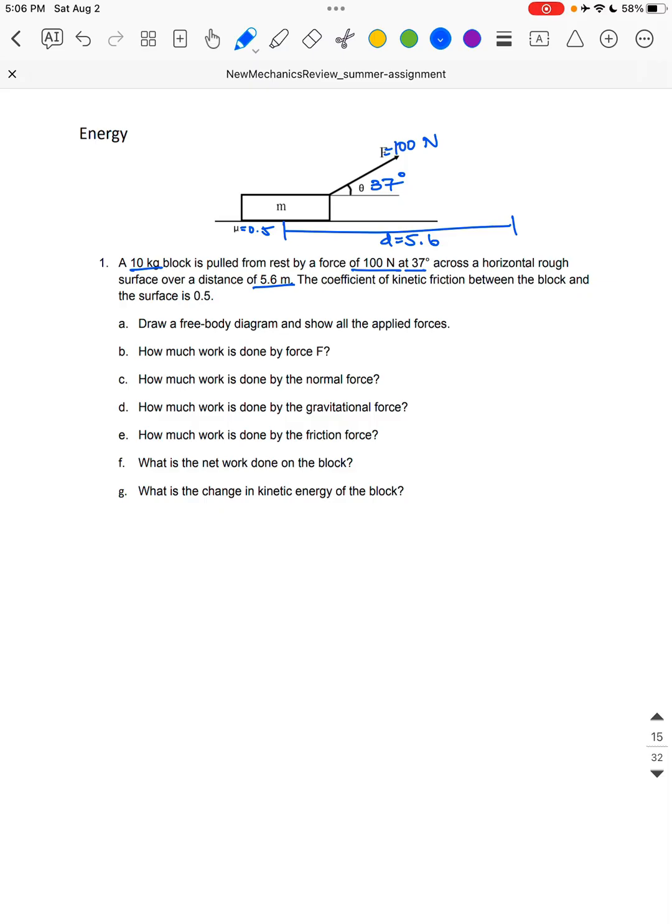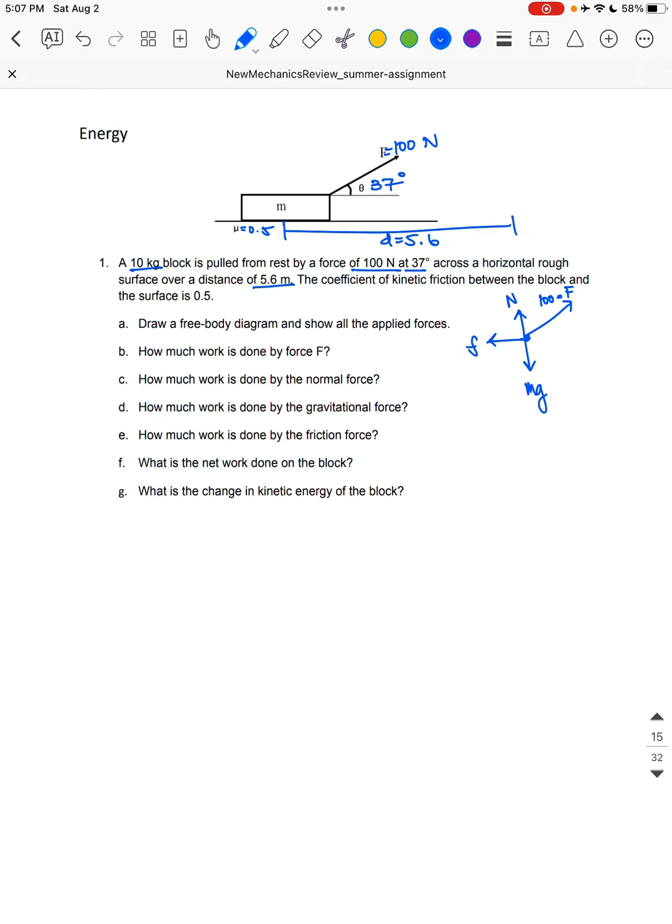Here in part A, I'm going to draw a force body diagram. So I'm going to start with the applied force of 100, then the gravitational force mg, the normal force N, and then the frictional force opposing motion, kind of a cursive F. So that's going to be my force body diagram.